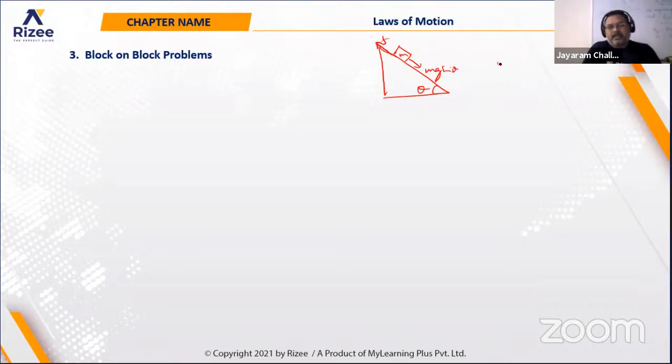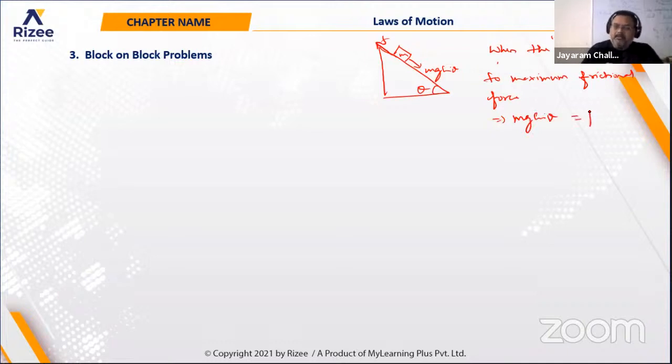In this situation, when the applied force mg sine theta is equal to the maximum frictional force, in the sense of maximum static frictional force, that means mg sine theta will be equal to mu mg cos theta.